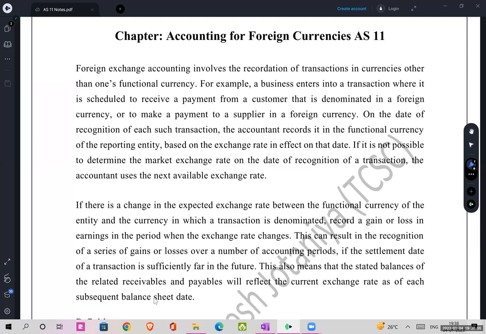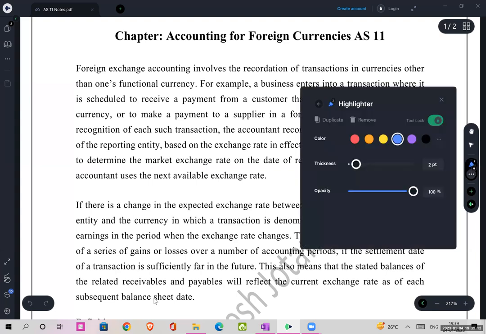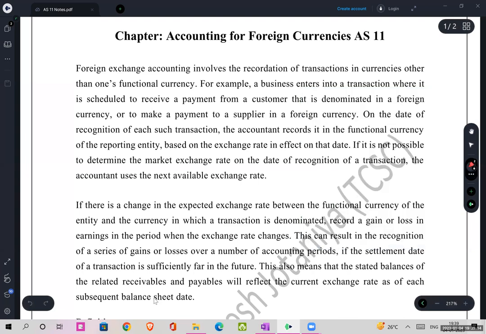If it is not possible to determine the market exchange rate on the date of recognition of a transaction, then the accountant uses the next available exchange rate. If there is a change in the expected exchange rate between the functional currency of the entity and the currency in which the transaction is denominated, we record a gain or a loss in earnings in the period when the exchange rate changes.